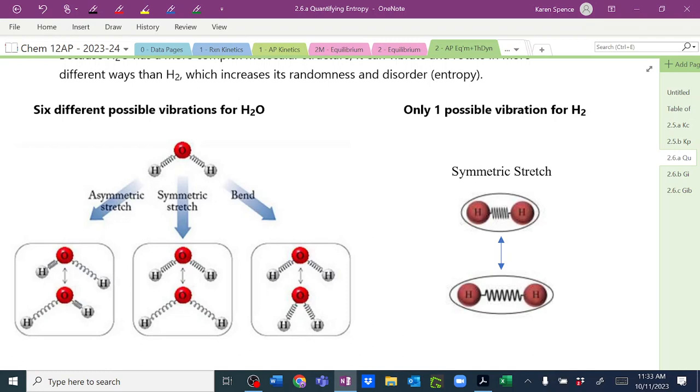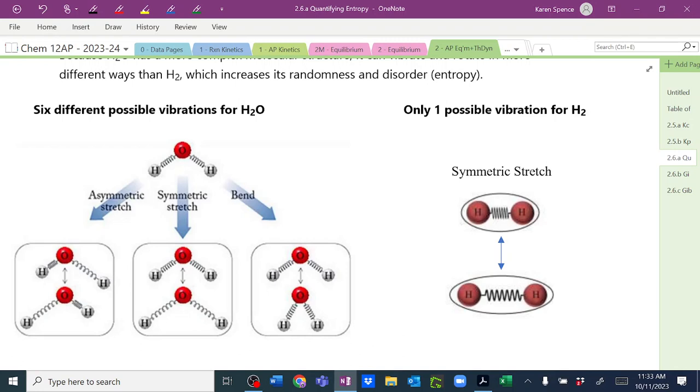So we can have bending, we can have asymmetric stretching, right? We can have symmetric stretching and we can have bending.